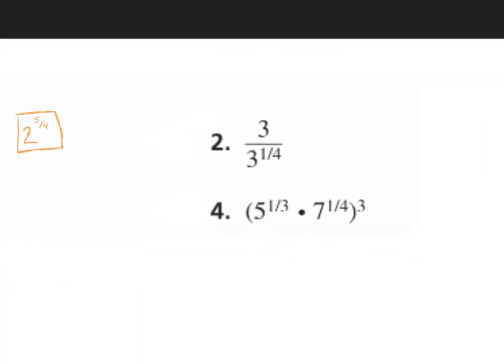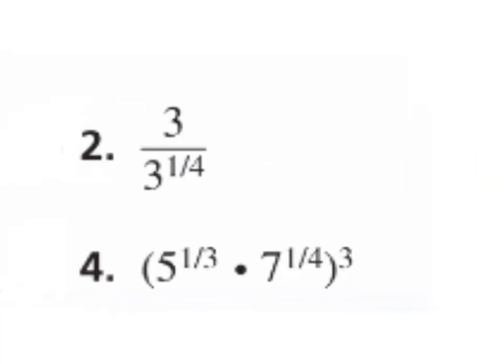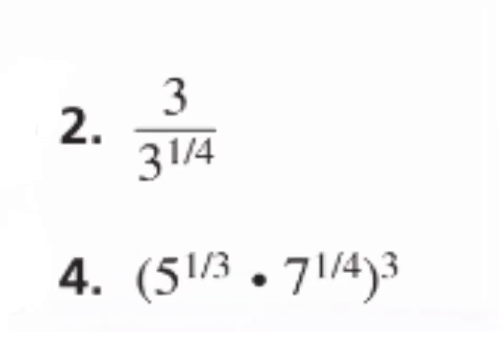All right, let's look at 2. What do we do here? Awesome. This 3 on top has a power of 1, so we can combine them by subtracting. So we have 3 to the power of 1 minus 1/4. How can we subtract our fraction?